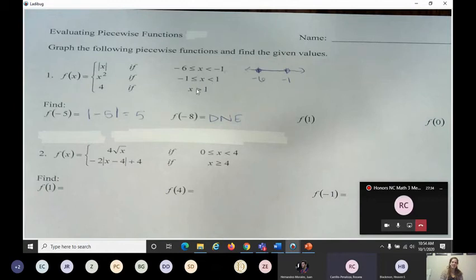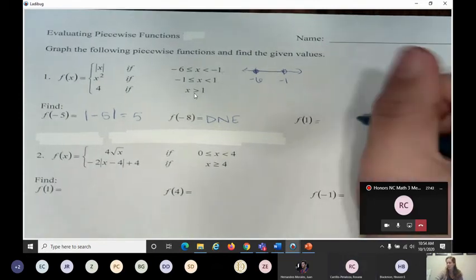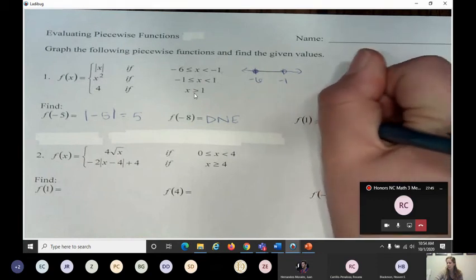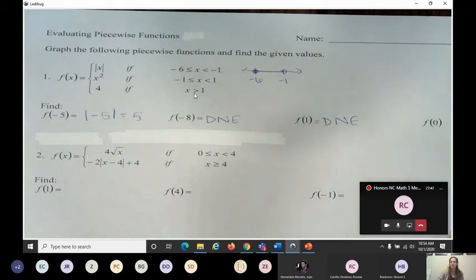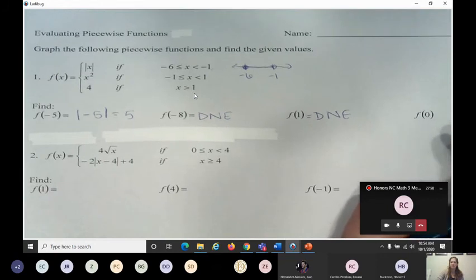No. Does it include it in this one either? Yes. This is kind of similar. It skips 1, so it does not exist. So this is not a continuous function because it skips a point along the line.